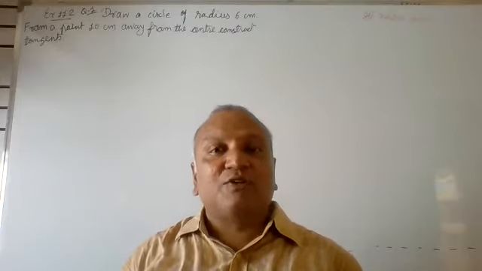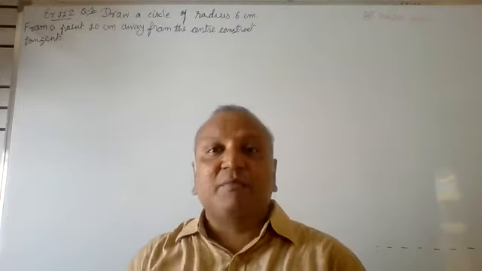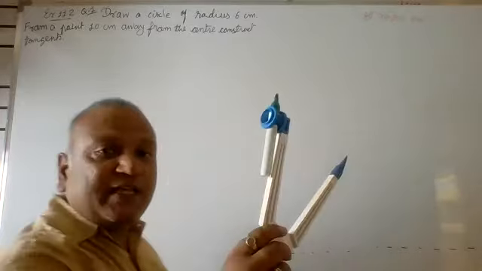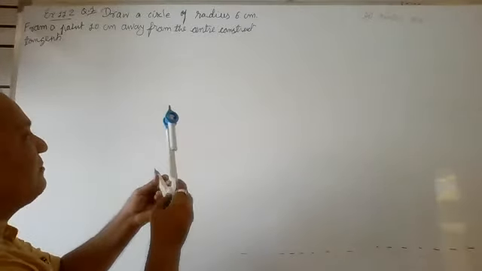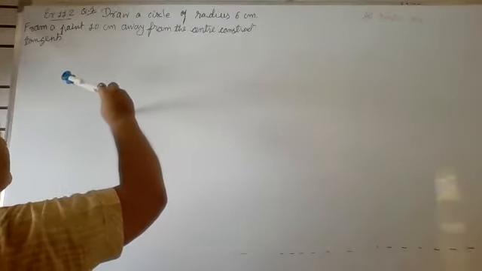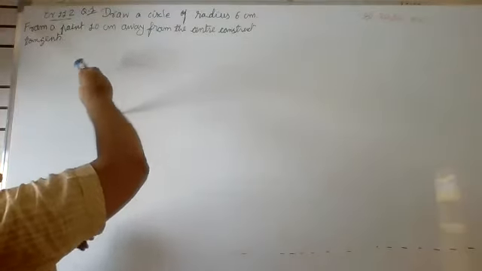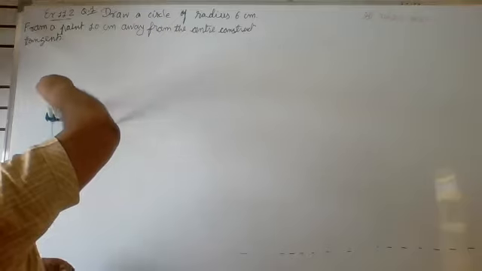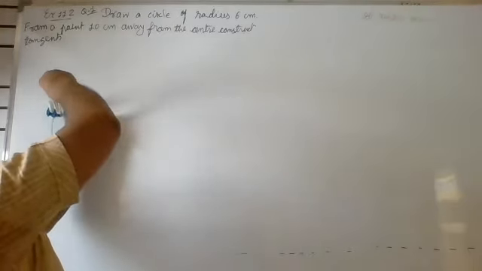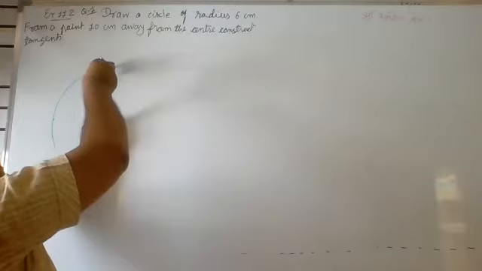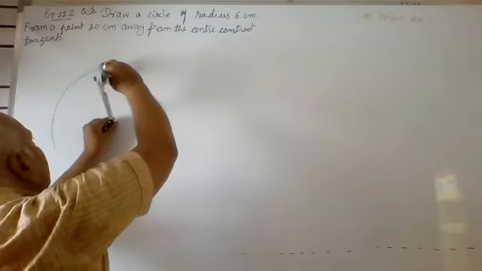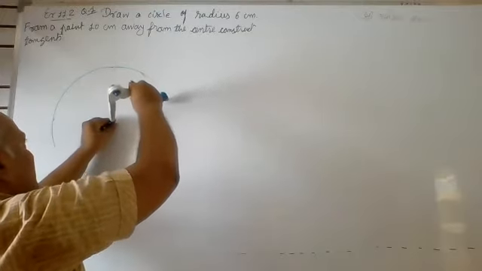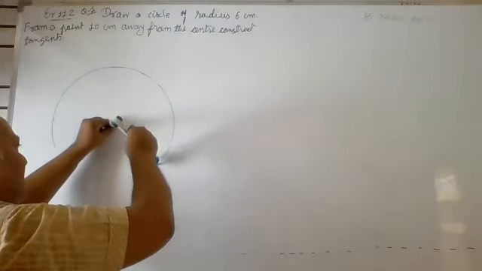So friends, you should concentrate here. First I will draw a circle with the given measurement of 6 centimeter with this compass. We have to take a 6 centimeter measurement with the compass. Here I have taken the 6 centimeter measurement and I will draw a circle. It is a circle of 6 centimeter radius.